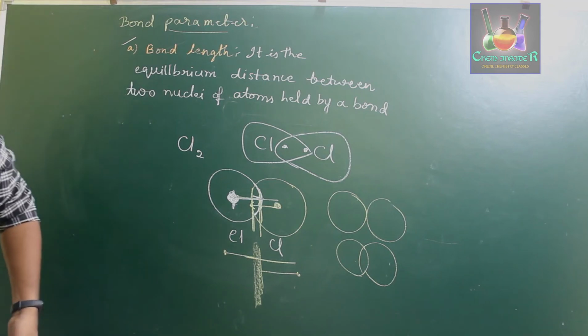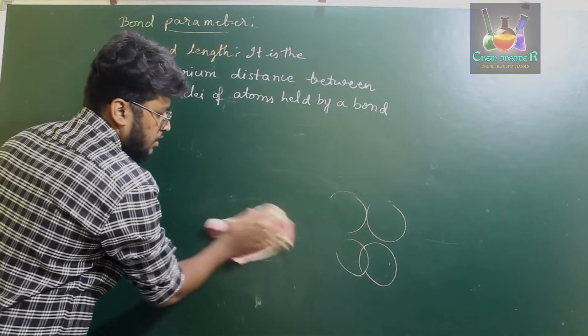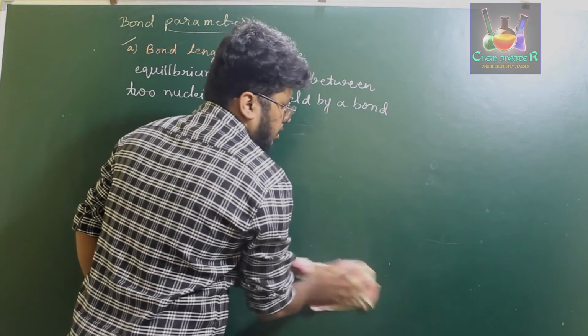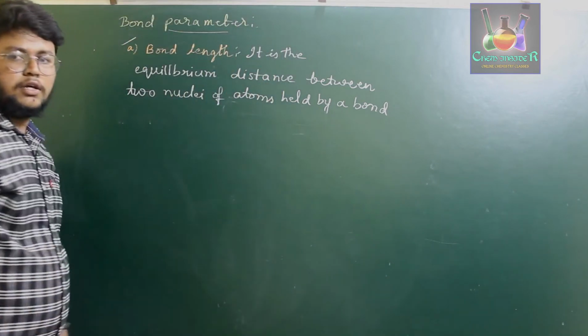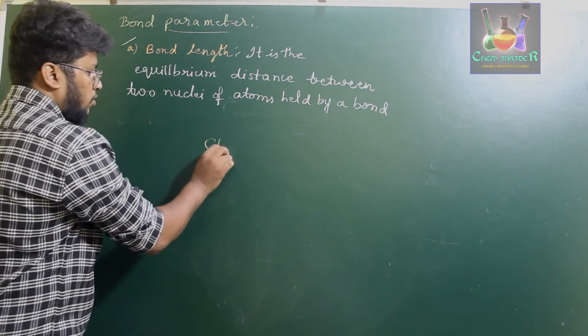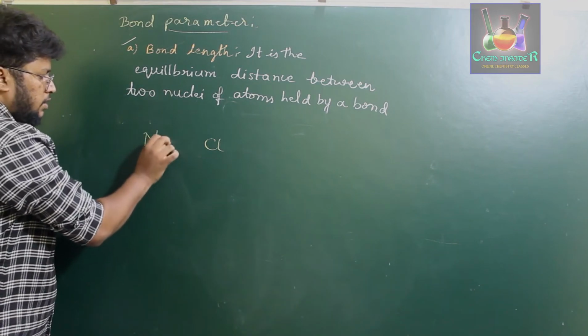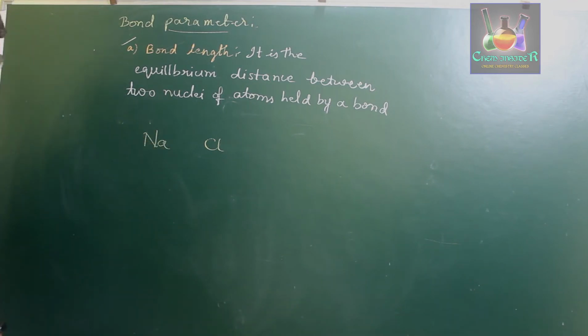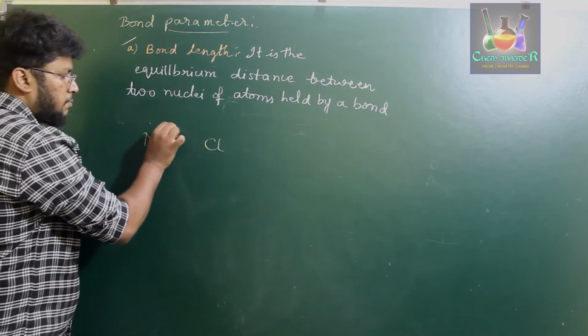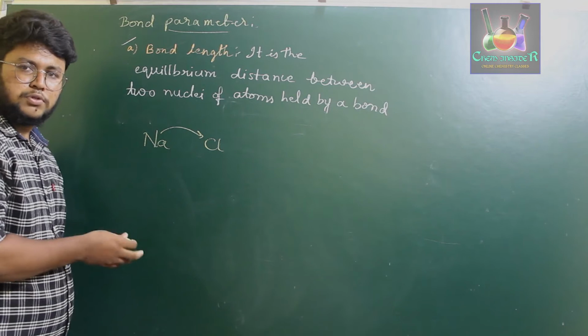Next, if you consider the van der Waals radius, it is defined as the distance between the nuclei and the core's influence. Now, if you consider chlorine and NaCl, chlorine and sodium, what happens is sodium has completely transferred an electron to chlorine and chlorine has gained the electron from sodium.